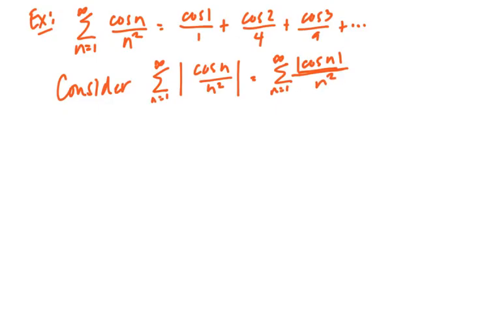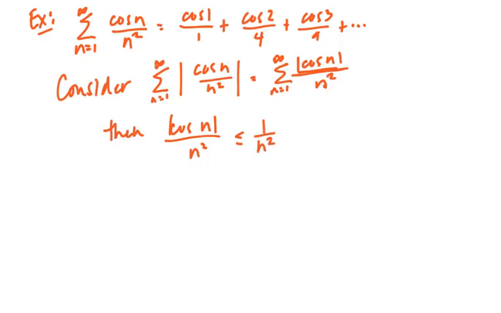The best way to look at this is, do you see that the bottom is a p-series where p equals 2? So let's do the comparison test. So then, compare: the absolute value of cosine of n over n squared is less than or equal to 1 over n squared.